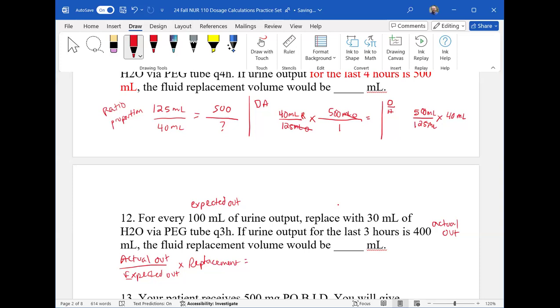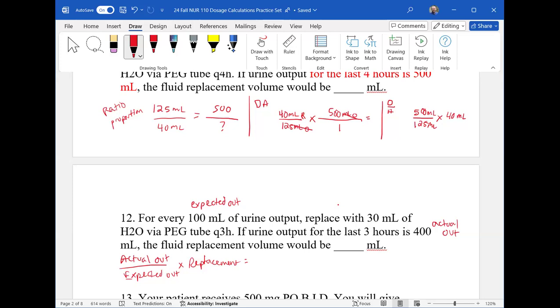The other way to keep this in mind, so let's say you did 100 divided by 400. 100 divided by 400 times 30 gives you 7.5 milliliters. If you know that you're going to give him 30 milliliters for every 100 milliliters, then 7.5 doesn't make any sense, right? So it's a way to check yourself: wait a second, does this make sense? No, I must have flipped something around.